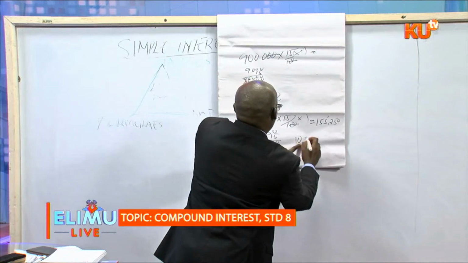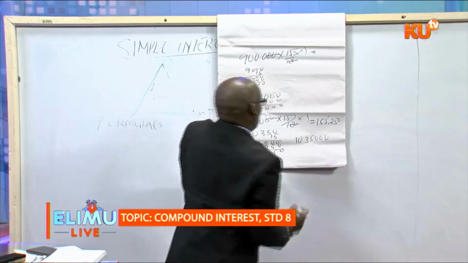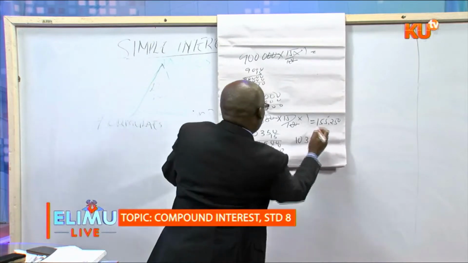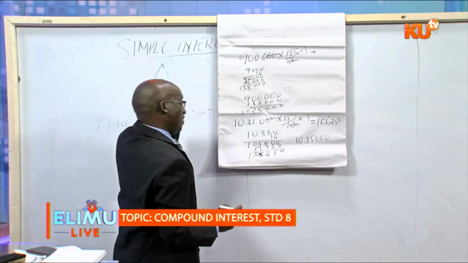added to the amount that was there at the beginning of the second year, which is 1,035,000.